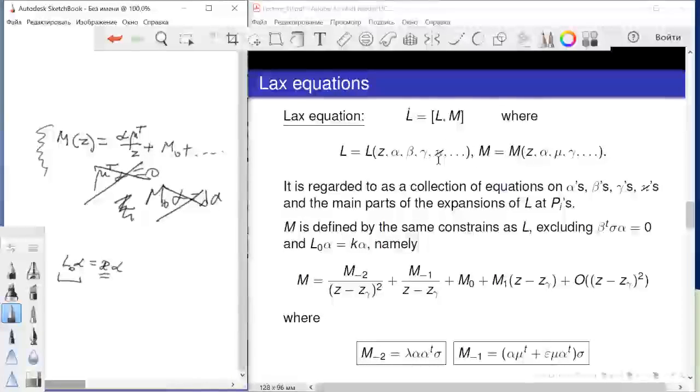Question? No. Well, another point of view is to consider L as an element of the phase space.